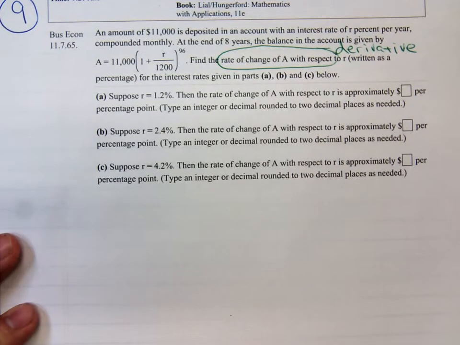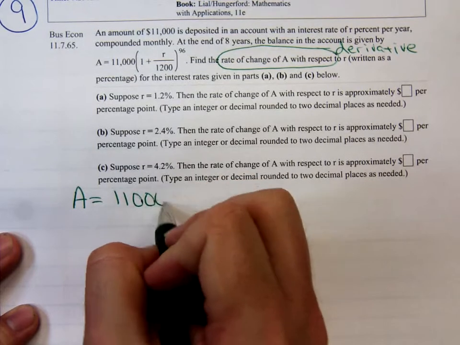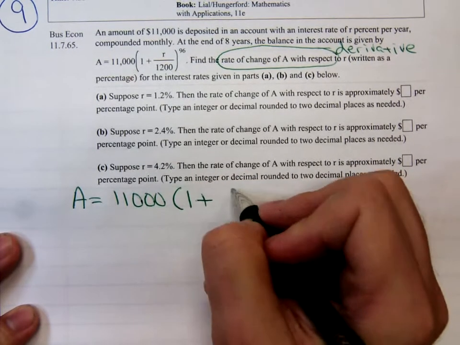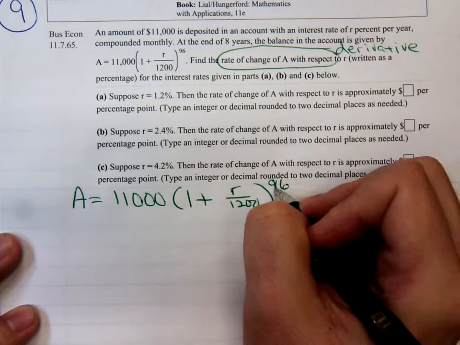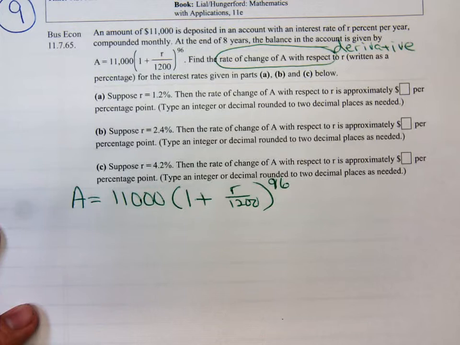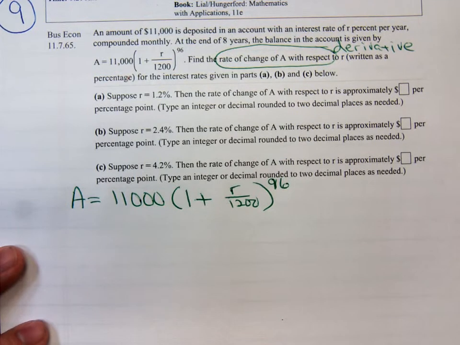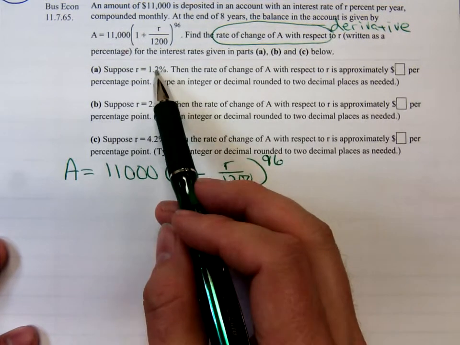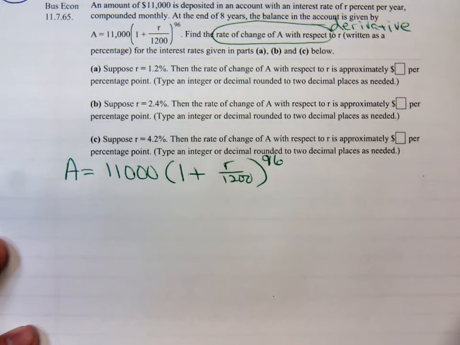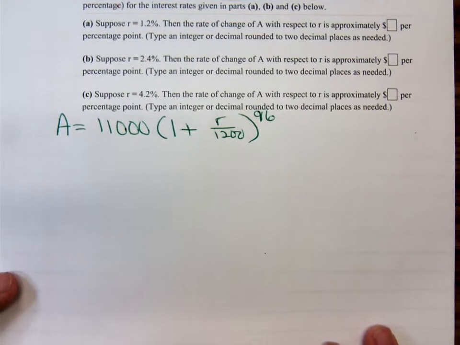So we have the function A equals 11,000 times 1 plus R over 1200 to the 96th power, and we're going to start differentiating. Once we've found the derivative, we'll have to plug in 1.2, 2.4, and 4.2 for R, but the real work here is finding that derivative.